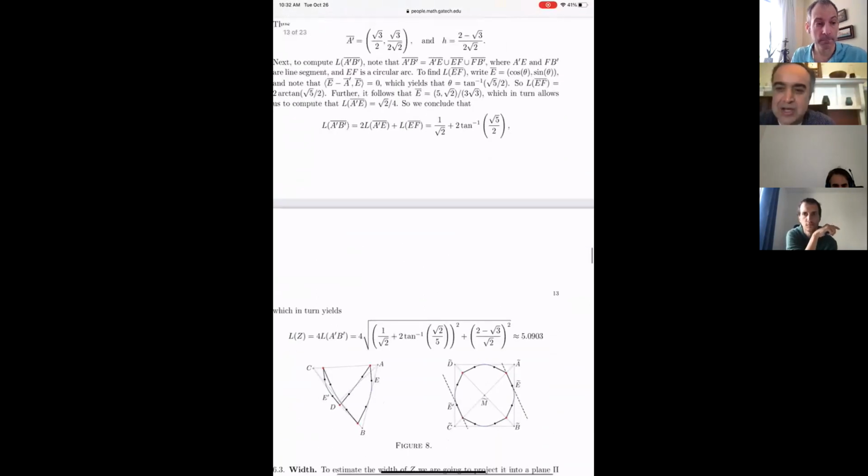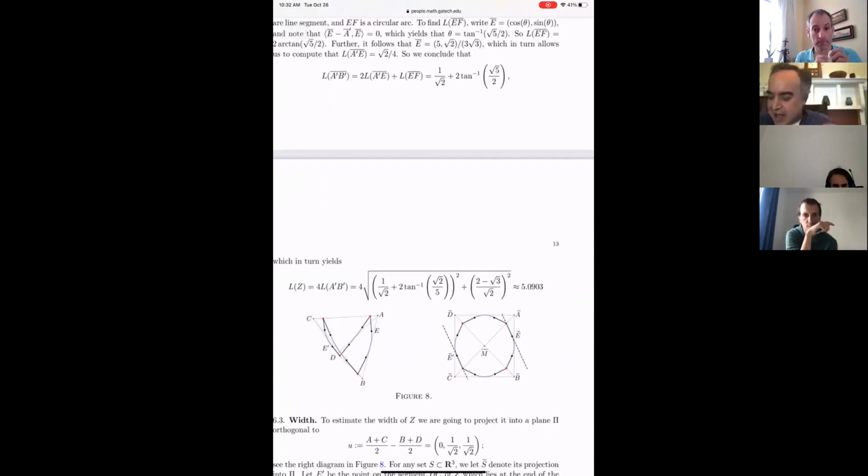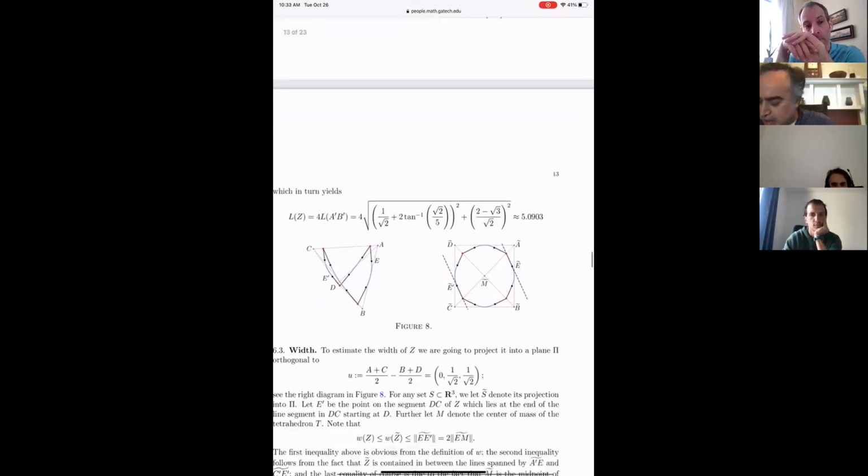So he had conjectured these curves to be optimal for the width problem. And so these curves give you a better answer than the cylindrical curve that I had shown. But these curves are not optimal.